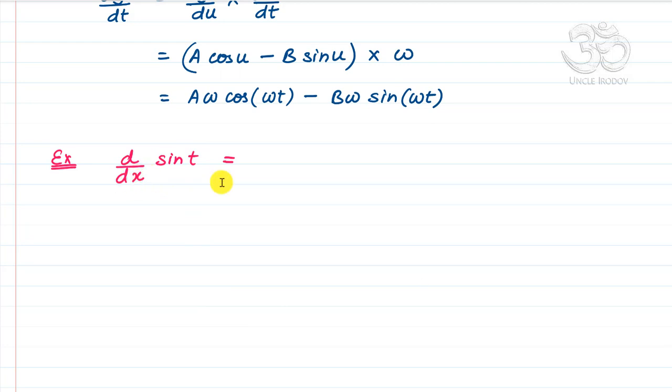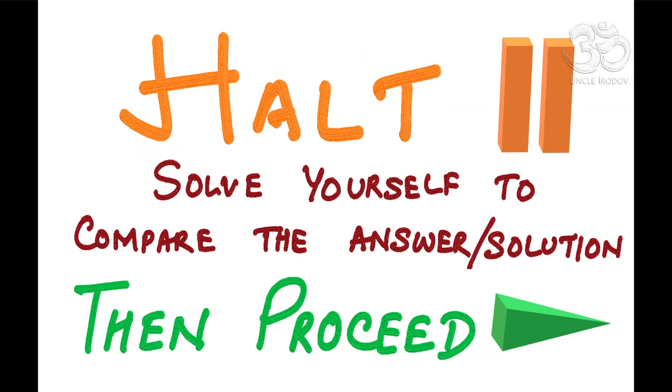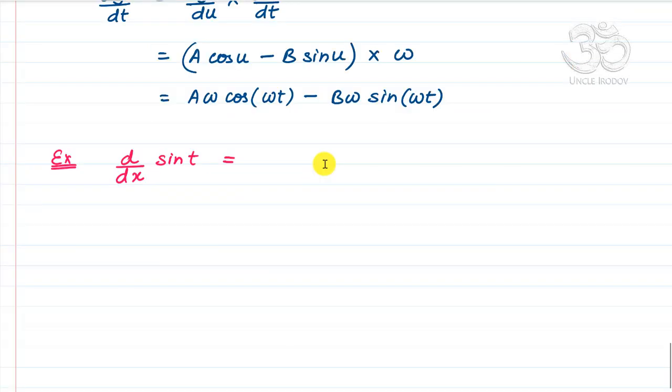So there is a shortcut of the chain rule, and the answer to this will lead us to that. Here you have to keep in mind that t may be a function of x.